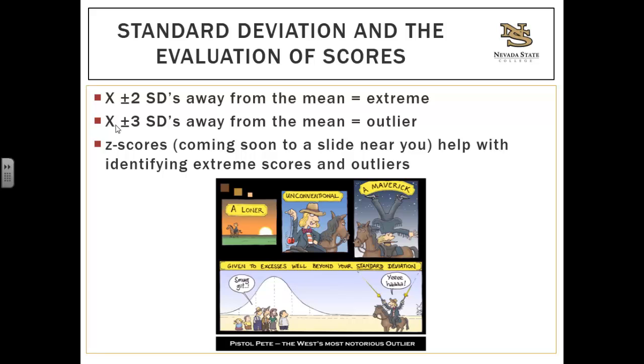If your x value is 3 or more standard deviations away from the mean, then we'll call that an outlier and say that it is very, very uncommon. It may be some sort of mistake. We have to consider it when we look at our data, that something's funny going on there. So in a little bit, I'll show you how z-scores can help you identify extreme scores and outliers, and this little cartoon will be very funny to you, I hope.